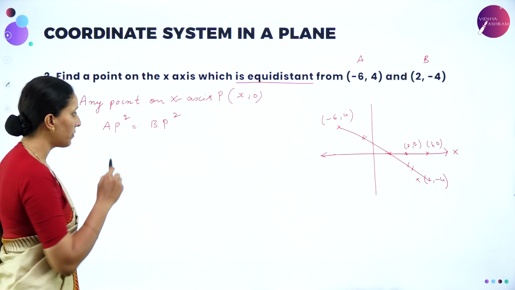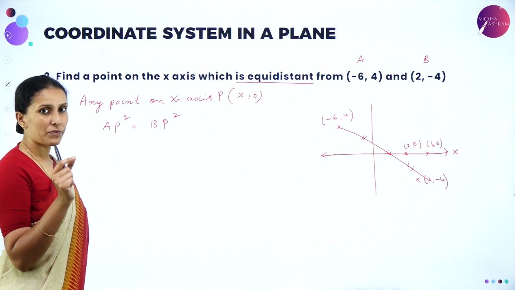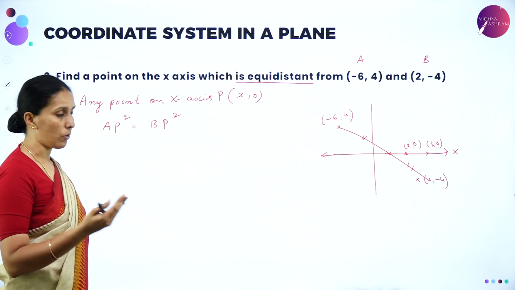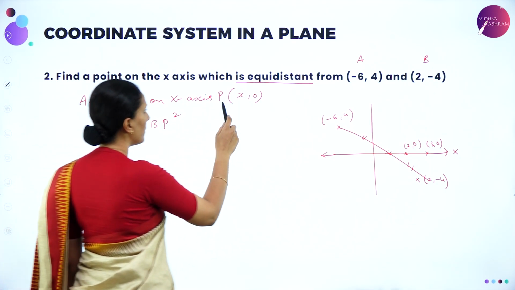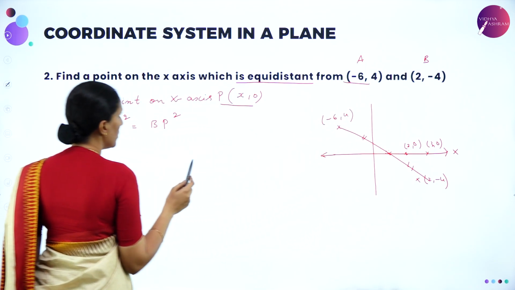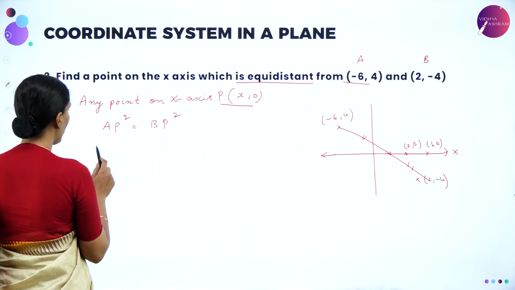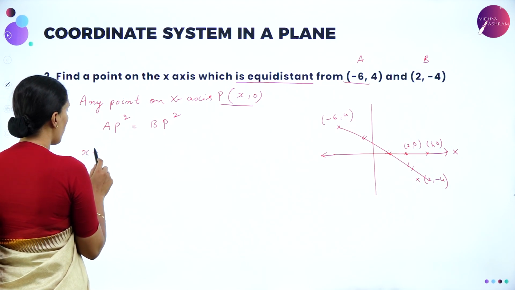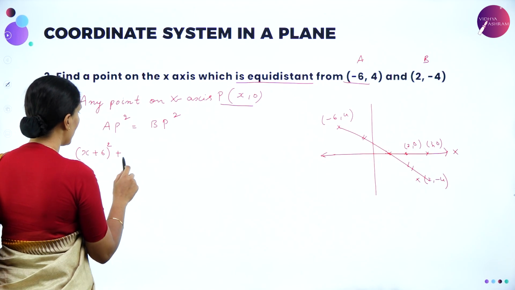Why am I squaring? If you square it, the distance formula can be written without the square root. So now let us apply the distance formula for AP. Then it will become x minus of minus 6, that is x plus 6, whole square, plus 0 minus 4 whole square.